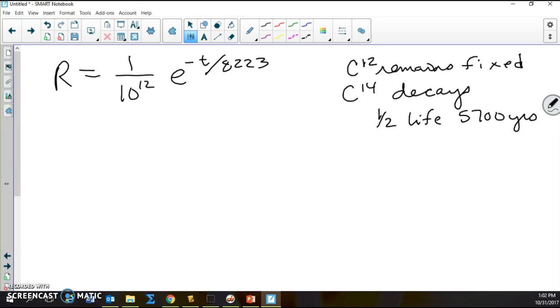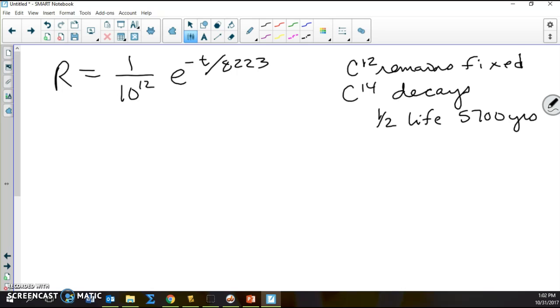And it says the following formula denotes the ratio of carbon 14 to carbon 12 present at any time. And so this is how scientists carbon date different things that they dig up, like, since it's Halloween, maybe mummies.